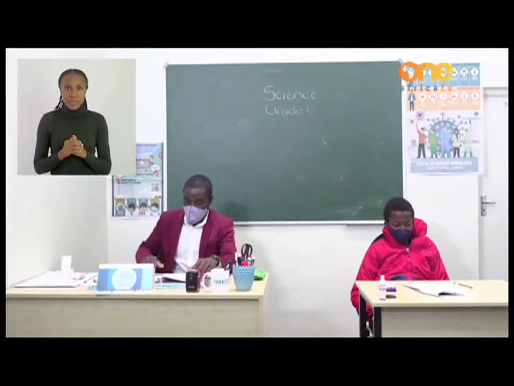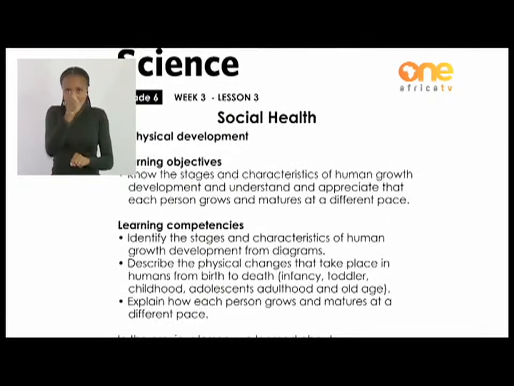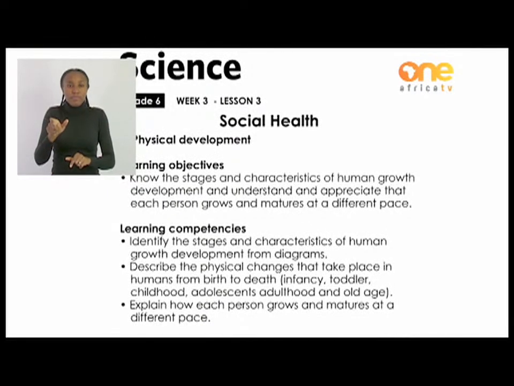Learners, let's go on page 16. Learning competencies. This is what you have to know at the end of this lesson. We should be able to identify the stages and characteristics of human growth and development on the diagrams. It means we'll be provided with the diagrams and we'll be able to tell which stage is that.